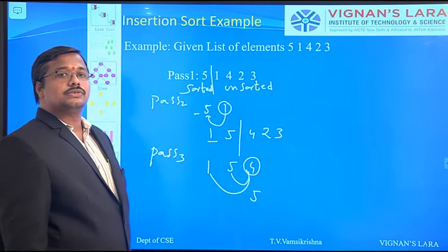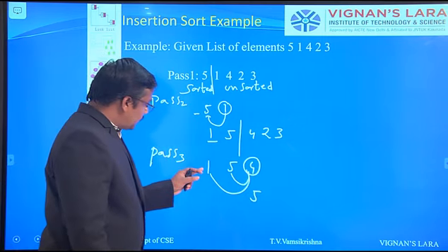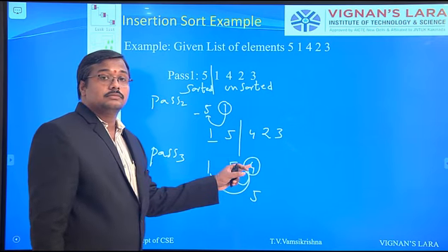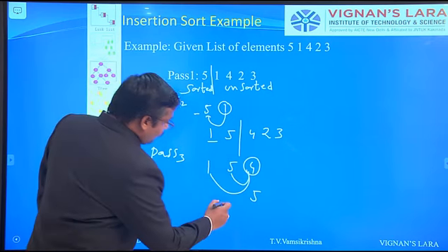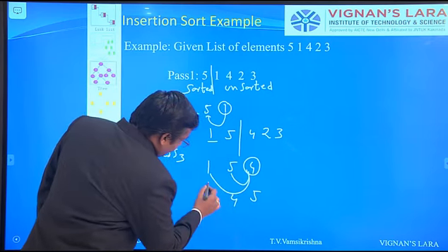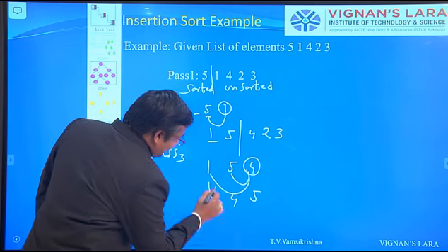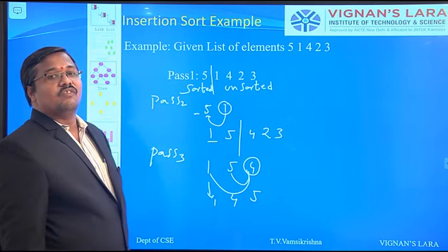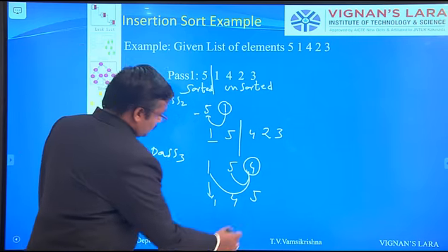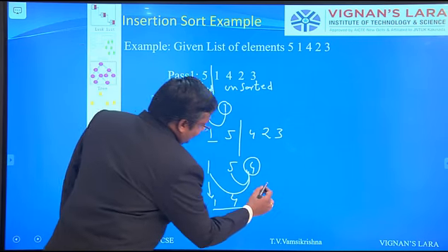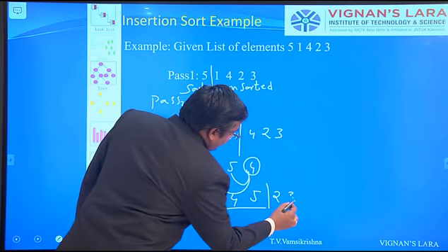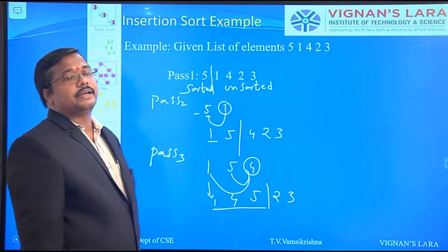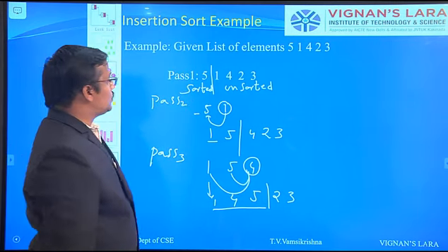Yes, it is the right match, because 4 is higher than 1. So 4 is copied here, and 1 stays as it is. 1 doesn't change. So this is the sorted part, and 2, 3 is the unsorted part.